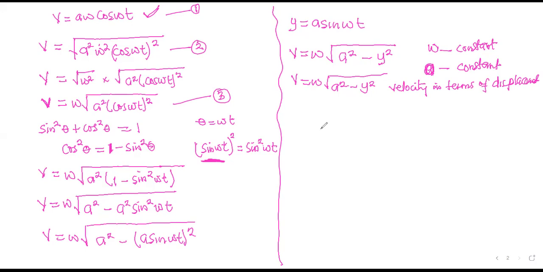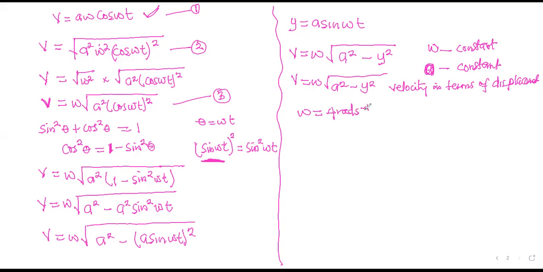An object attached to a spring oscillates in the vertical plane about a rest position O with an angular velocity omega equal to 4 radian per second.